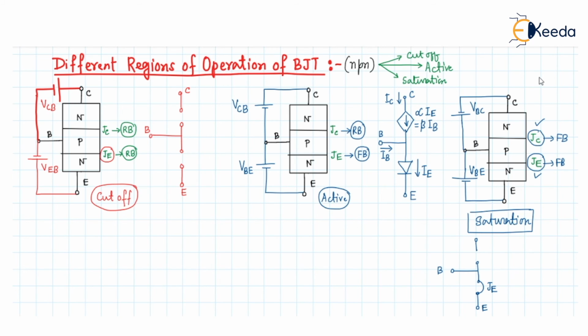Similarly, the collector junction is also forward biased. So this is the JC junction and this is the collector. This is the equivalent circuit of the transistor in the saturation region, and in this way the transistor can be operated in three different regions. Thank you.